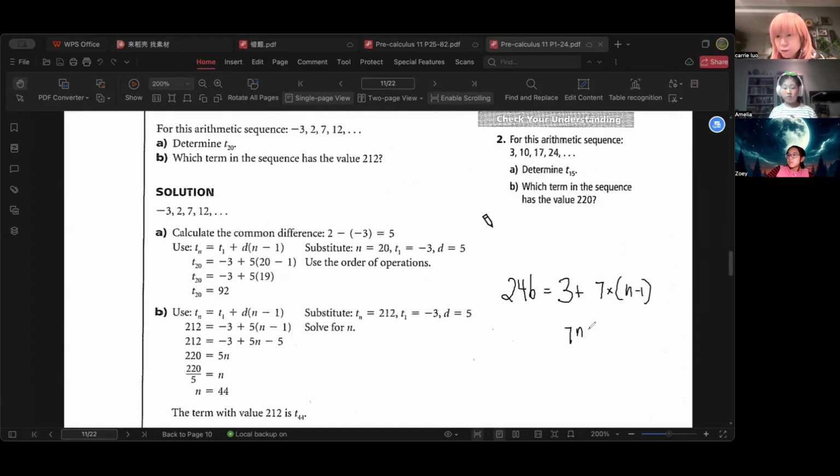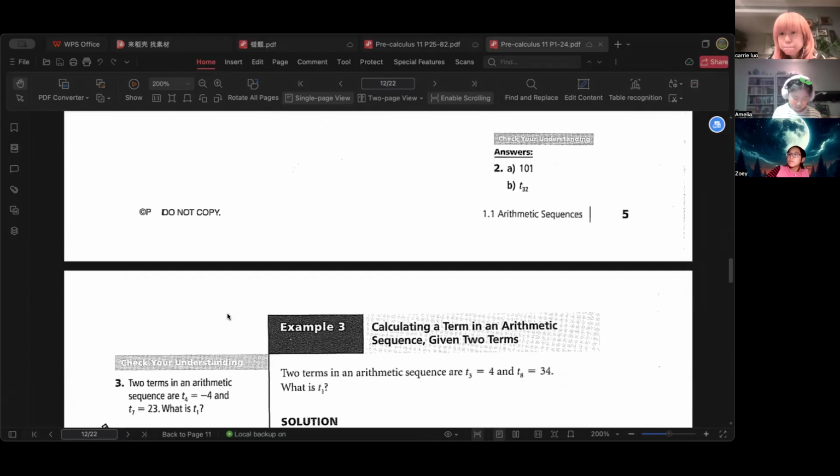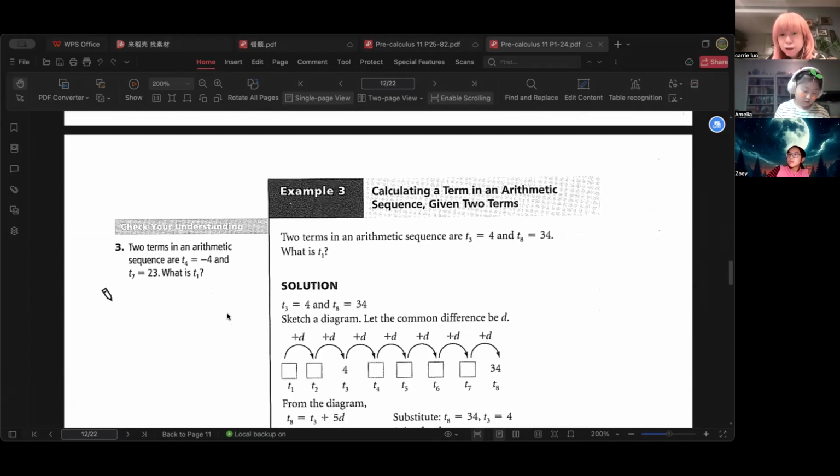So 7n minus 4 equals 246. So 7n equals 250. 250 cannot be divisible by 7, so 246 is not a term in the sequence. Correct?